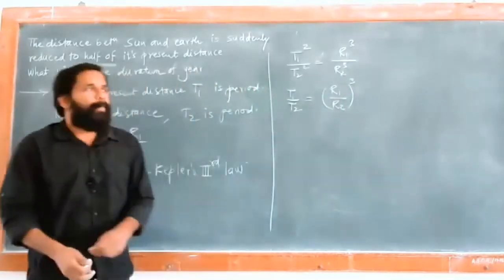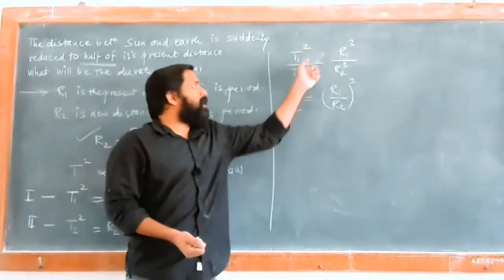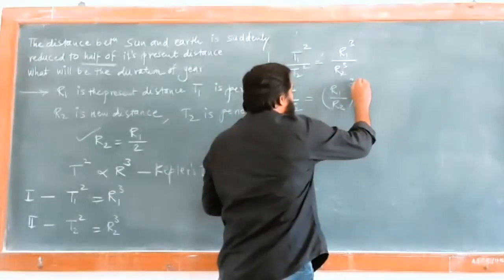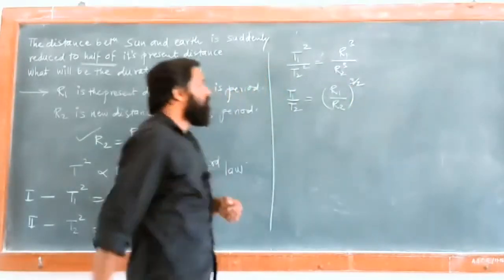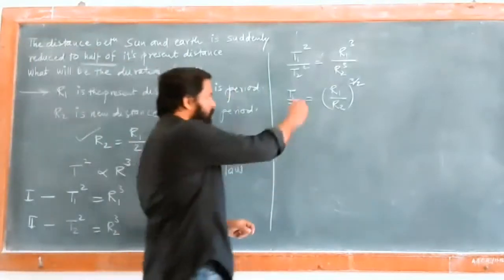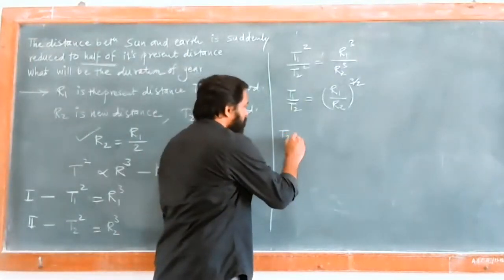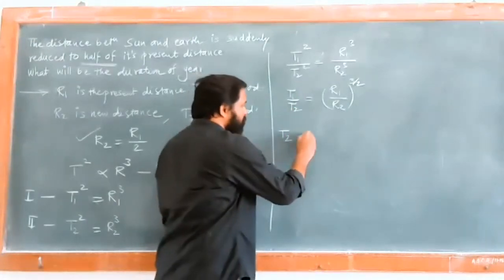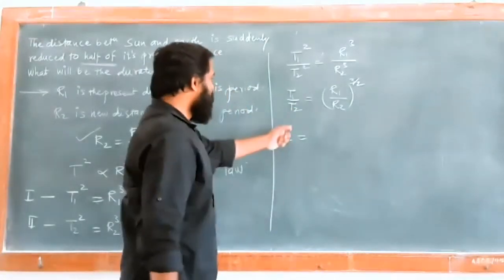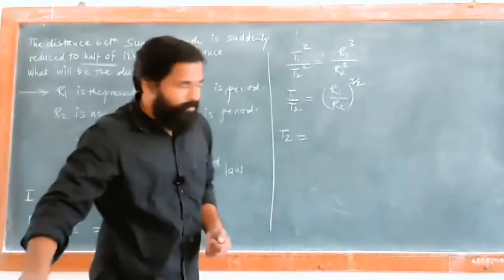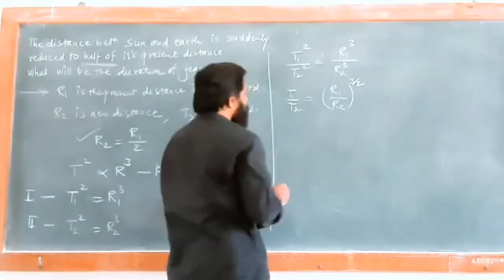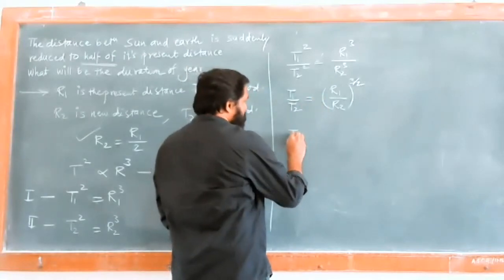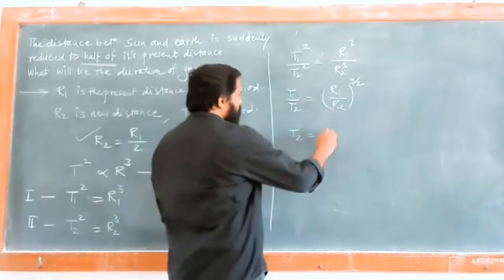Then on this side we take the square root, so here we have to take the square root, that is divide the power by 2. Rearranging the values, I can write t2 is equal to, how much?